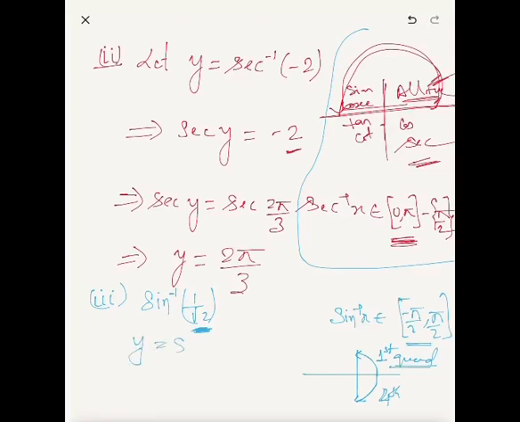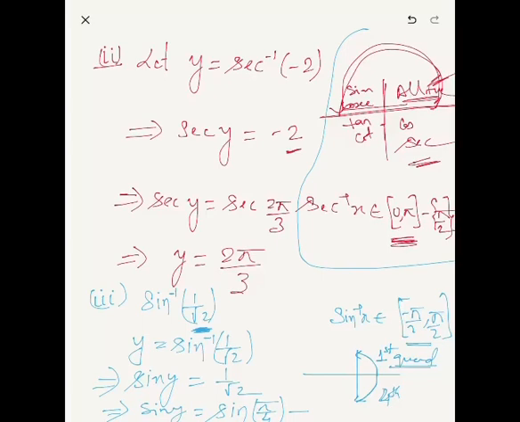Let y equal sine inverse 1 by root 2. So when you take this sine on the left side, sine y equals sine of the angle at which you get 1 by root 2. Pi by 4, isn't it? So from here you can say y is equal to pi by 4.